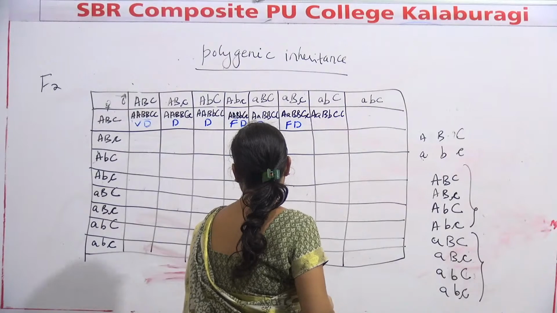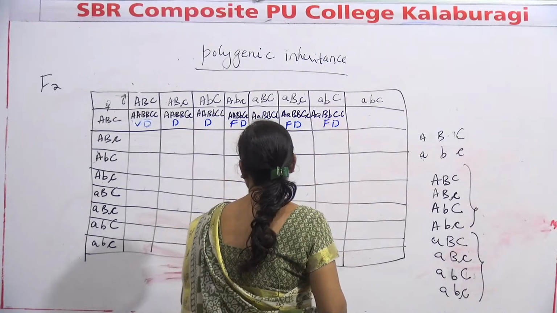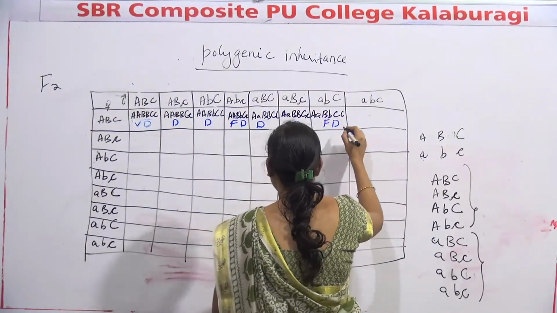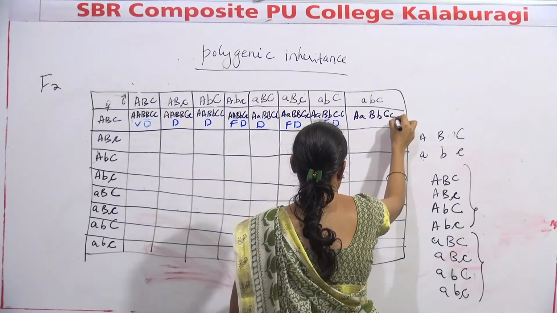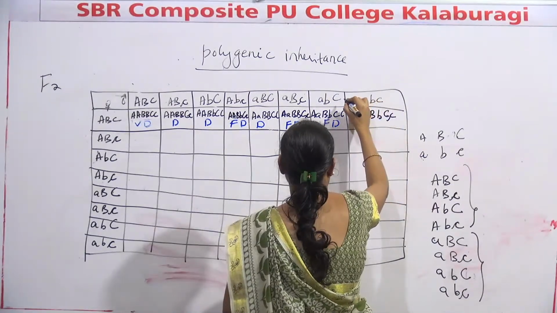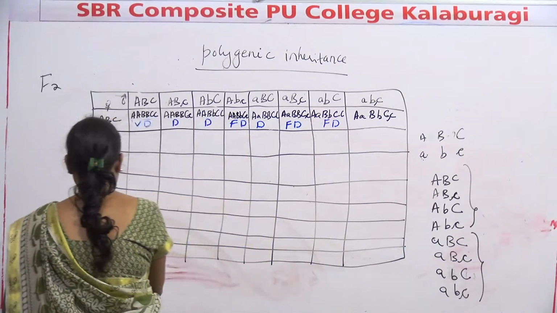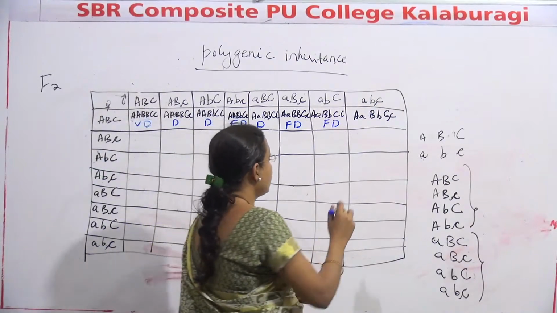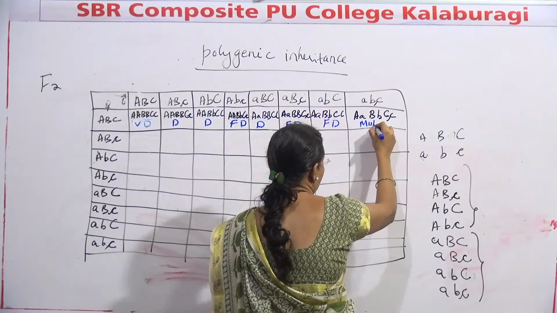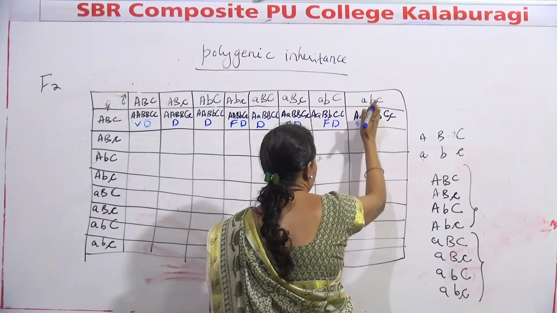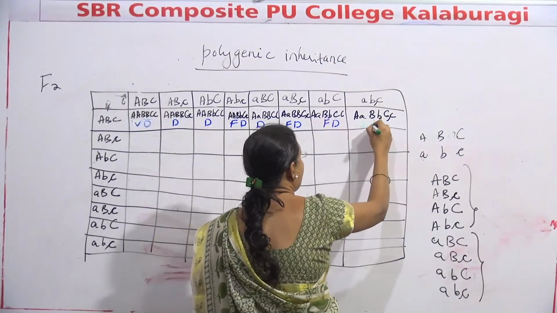Here also 2 are recessive, so it should be fairly dark. And here will be the heterozygous condition. So this is a mulatto, that is intermediate. Okay. So the intermediate character is the mulatto.